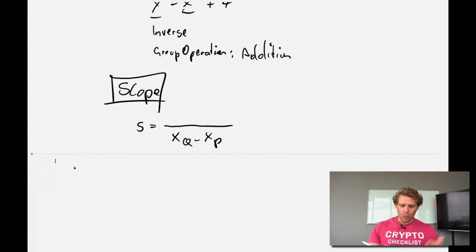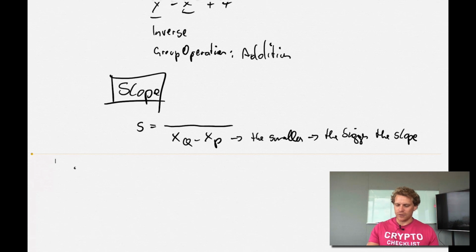On the y coordinate, I want a really large number, because the bigger it is, the bigger the slope. So I want these things close together. And here, yQ minus yP.